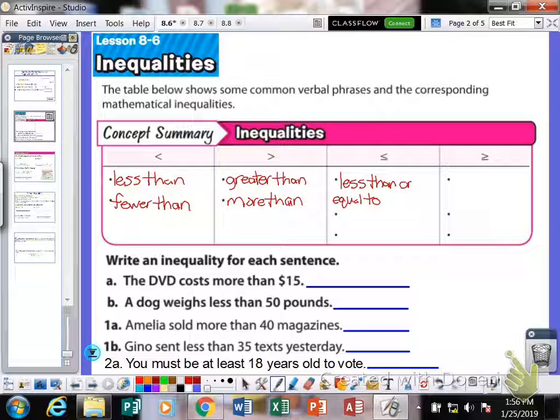Another term we can use here would be no more than. And one more that we can use would be at most.